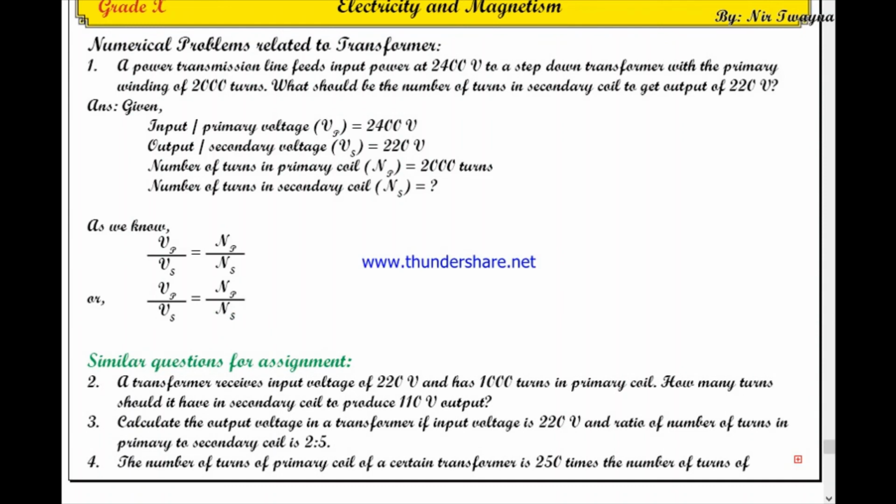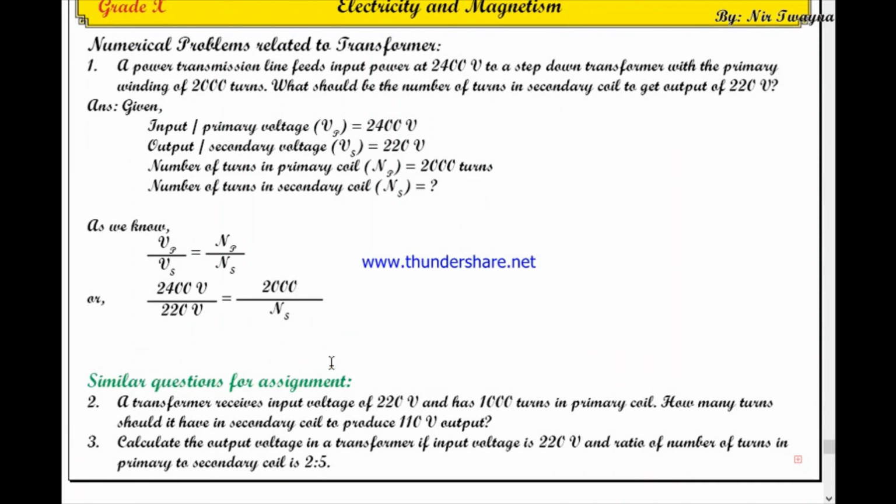Vp is given. Simply substitute the values. Instead of Vp, what should you write? Vp is 2400 V, volt. Vs is also given, Vs equals 220 volt. Np is given, Np is 2000, and Ns is not given.